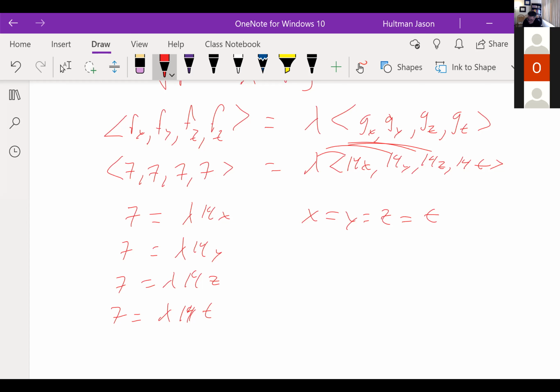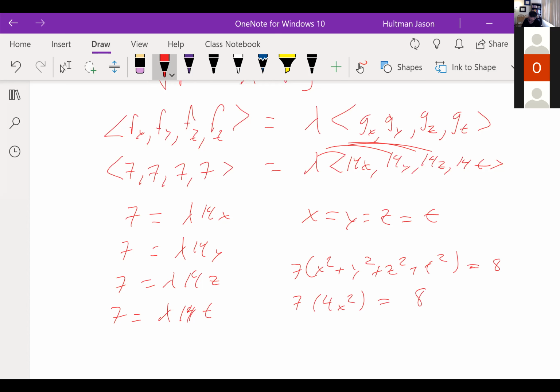How do we solve for these values? Well, we have an equation that we can solve for. We can plug this into the 7x squared plus y squared plus z squared plus t squared is equal to 8 and solve directly for x, because this is going to be 4x squared times 7 is equal to 8.